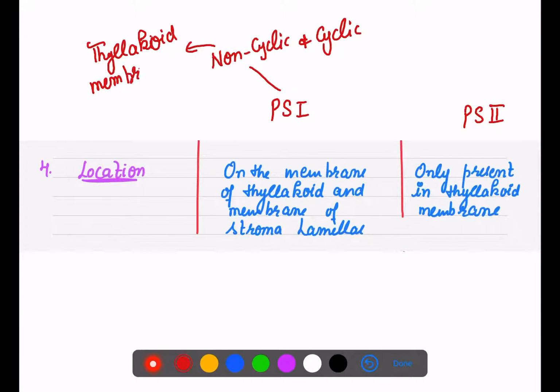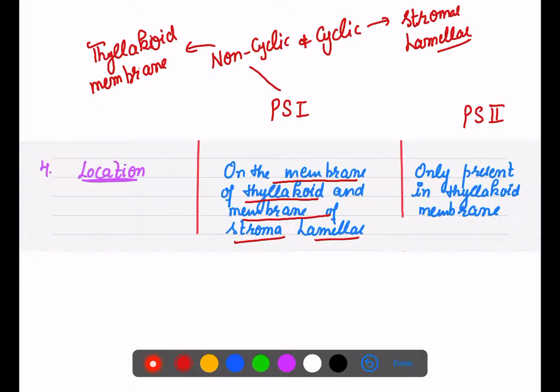If I ask you the location of cyclic, it happens in stromal lamellae. So where is photosystem 1 present? It is present on the membrane of thylakoid as well as on the membrane of stromal lamellae. But photosystem 2 only plays a role in non-cyclic. It means it is only present in the thylakoid membrane.